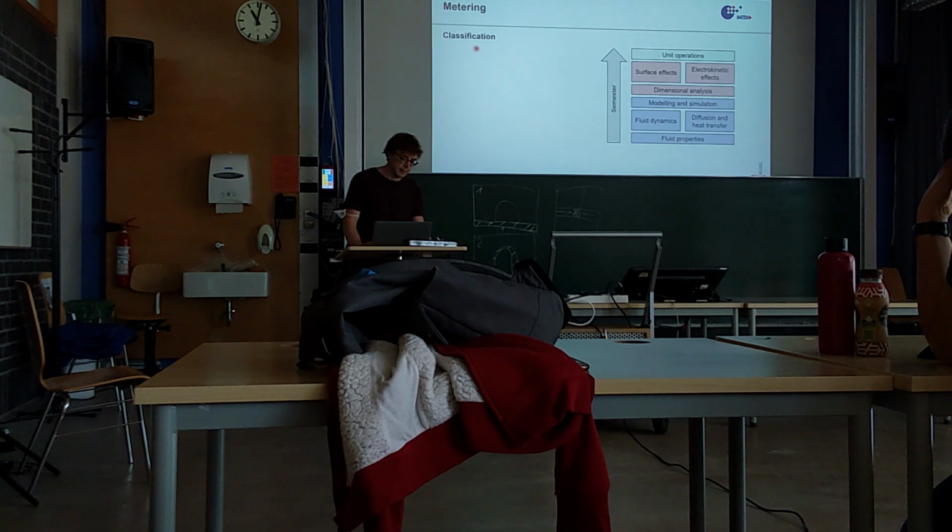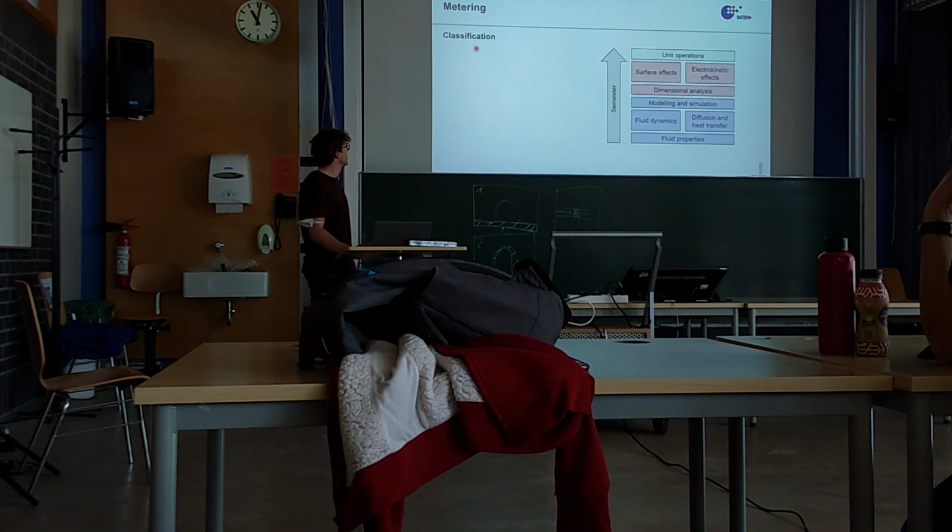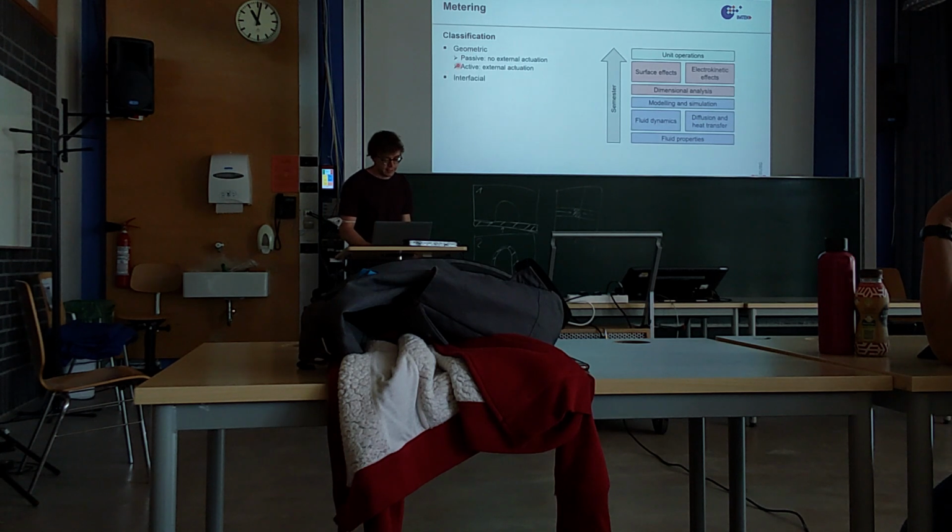Okay, and so the last chapter is about metering, and this is something that I can never stress enough. For each of the unit operations you have passive and active concepts, and the idea is always the same. Passive concepts don't need any external actuation, active concepts need it, and if you understand the difference between passive and active, you are also able to directly find benefits and disadvantages of your concepts.